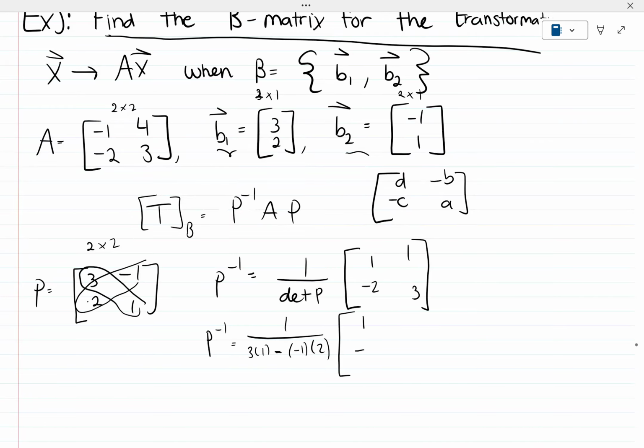So this is going to be 1, -2, 1, and 3. And when you put it all together, that equals 1 over 5, and then this is going to be 1, -2, 1, 3. Okay.